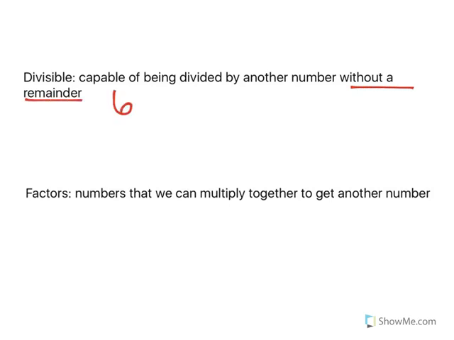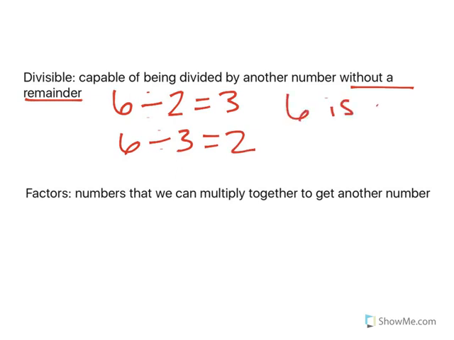We know that 6 can be divided by 2 to give us 3, and 6 can be divided by 3 to give us 2. So that means 6 is divisible by 2 and 3. All right. Now the word factors kind of goes right along with that.